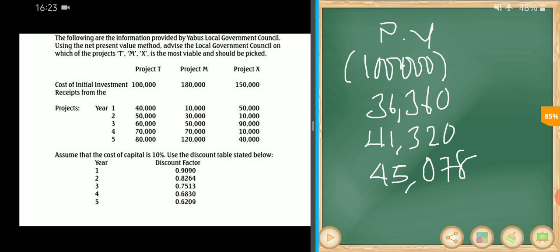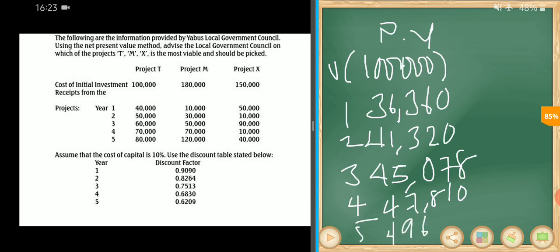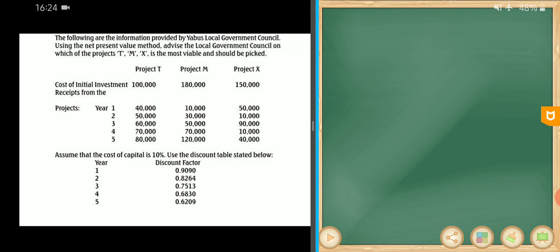Then for year 4, we have 47,810. Then for year 5, we have 49,672. By the time you sum it up together, remember this 100,000 is negative, so it will be subtracted from the rest. So we have 120,240 naira, and it is a positive figure.